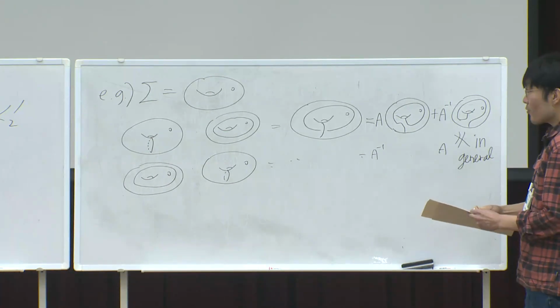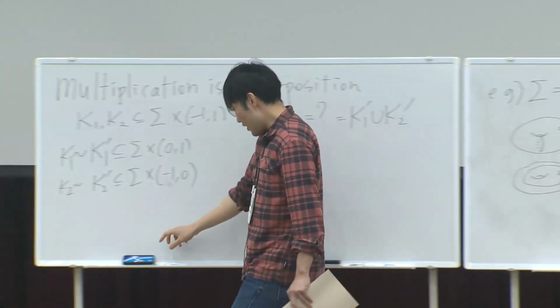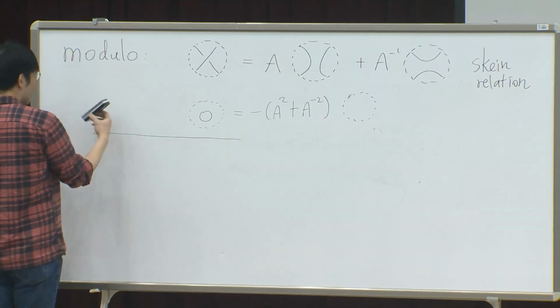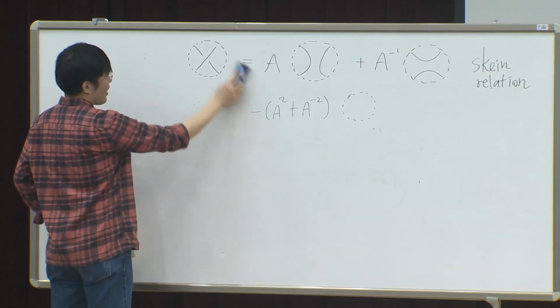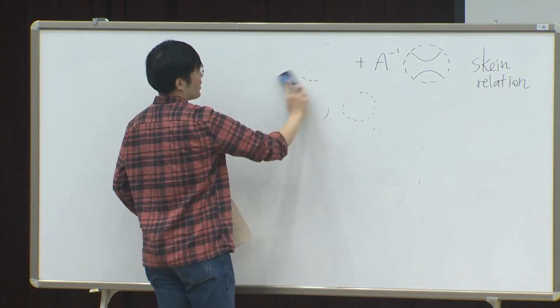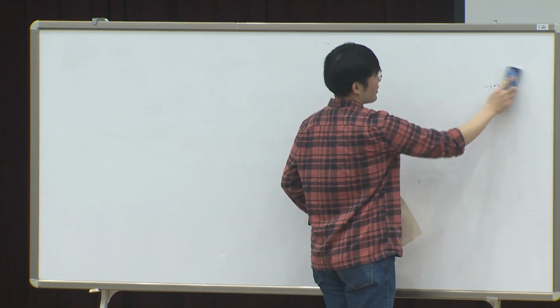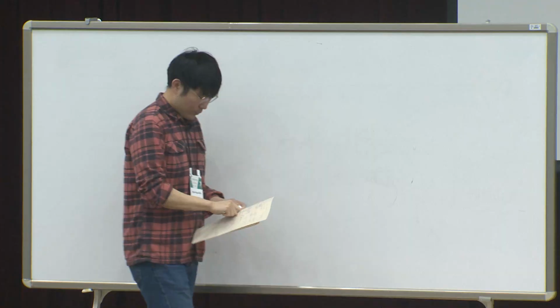And so why do you consider such a non-commutative algebra? It is because this non-commutative algebra quantizes the character variety that we have seen before, in a certain sense that I will not define very precisely, what I mean by quantizing, but that's the meaning.